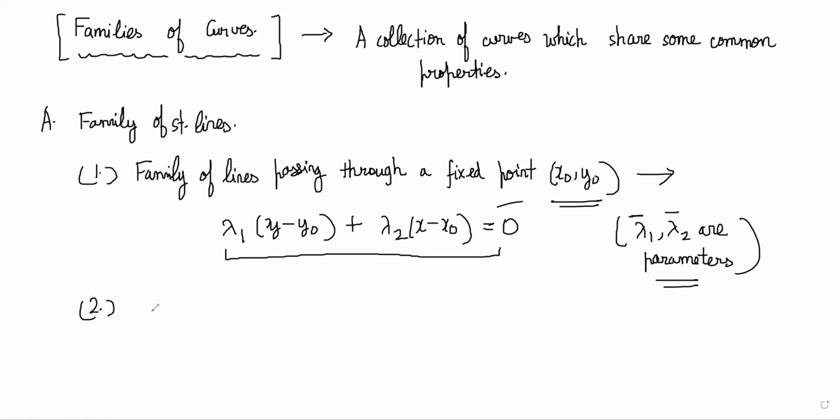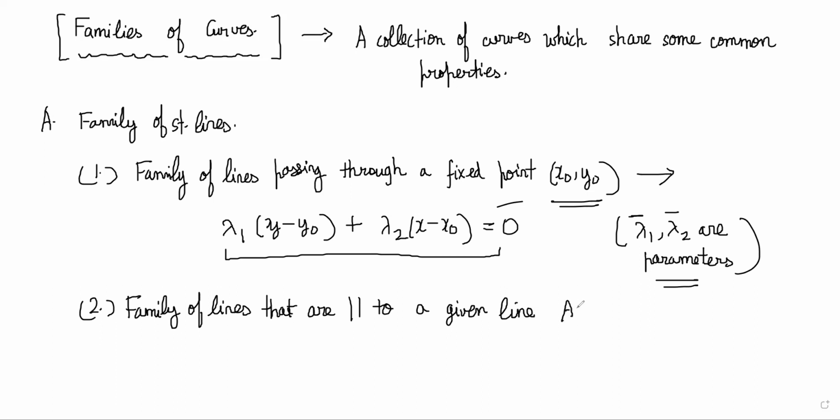Let's look at it in a different form. Family of lines that are parallel to a given line. The given line is ax plus by plus c equal to 0.